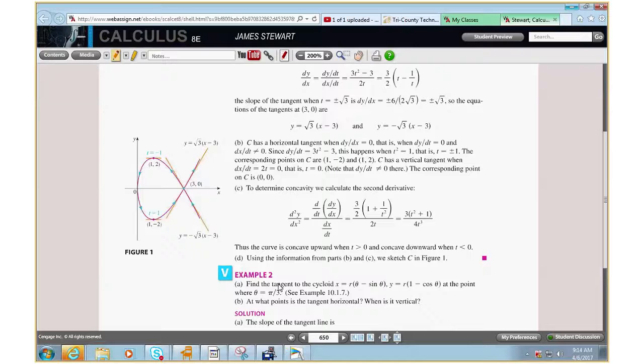It says find the tangent to the cycloid. You can put t and y if you want to, or you can put theta. I think the calculator has theta. At the point where theta is pi over 3. So go ahead and find the derivative here and the derivative here and put it over itself, or put it in a fraction.